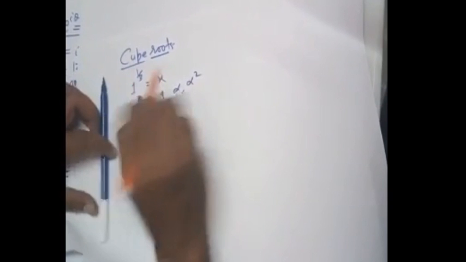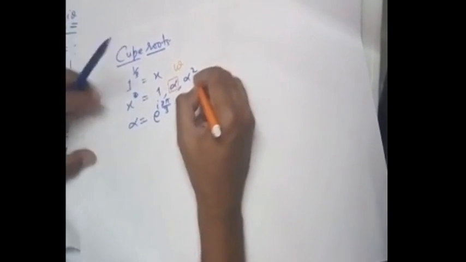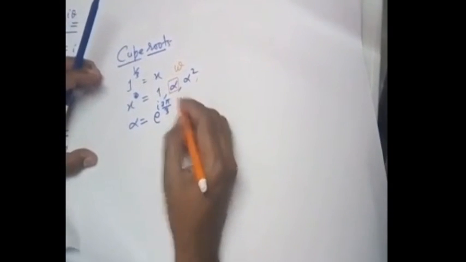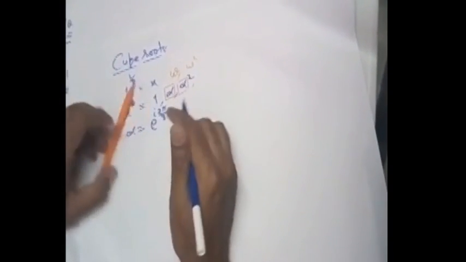For cube roots, alpha can be used as omega, so generally it is represented by 1, omega, omega square, but we can use a simple form.